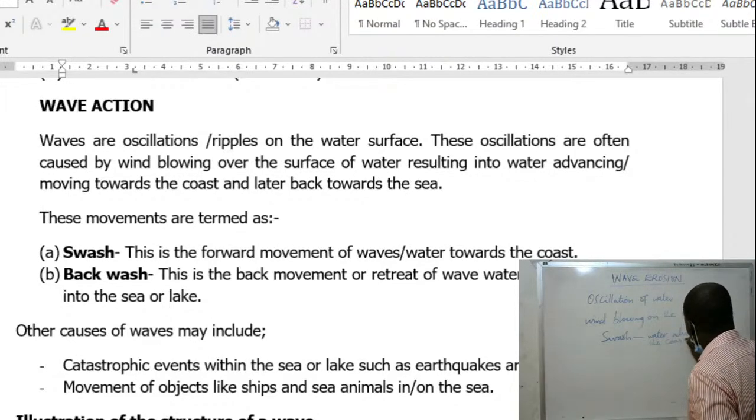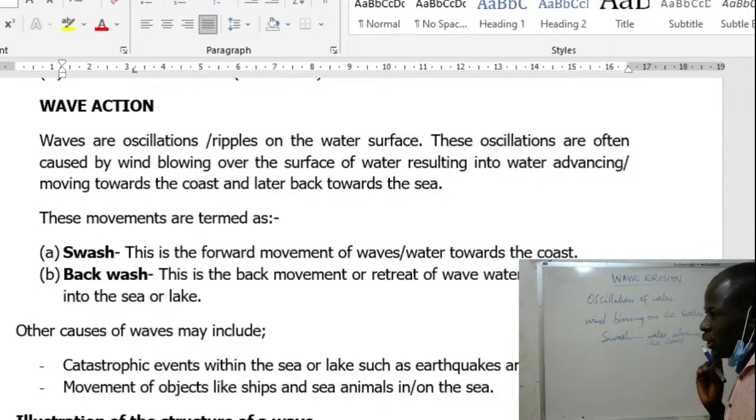As the wind blows towards the coast, the water also follows it, and therefore that forward movement of water from the sea or from the lake towards the coast is what we are calling the swash, or you can call it wave swash. When you are at the coast or at the lake shore, you always hear a rhythmic sound that the water makes as it hits the coast.